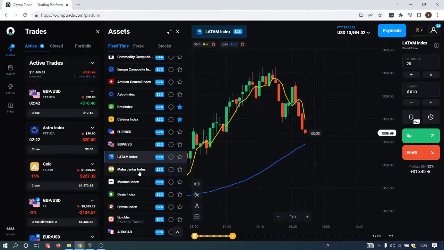And then be it FTT or be it Forex, the only difference is just different nuances, right? It's just a different angle, a different look on the same charts, right? So instead of duration, you just add stop loss and take profit, and then you get Forex mode, right?